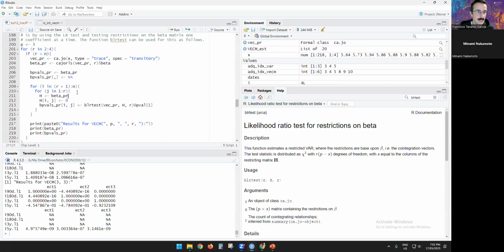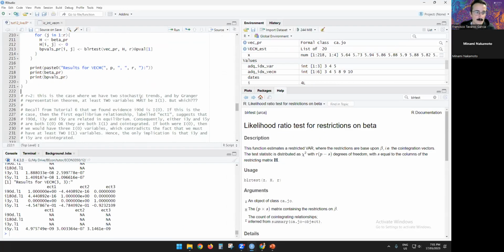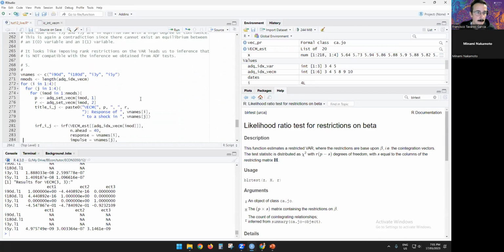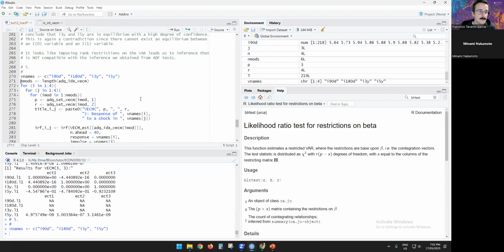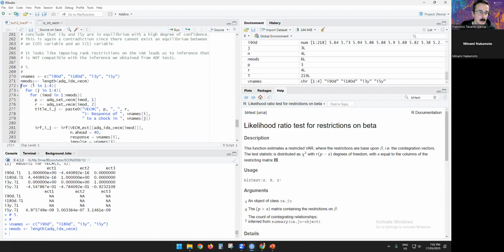Let's go to our R code. Quite an analysis there for our question 4. But finally, let's go. The names, the number of models, which is 6. Then we will be running i and j, which are combinations from 1 to 4, both of them talking about the 4 variables we have.